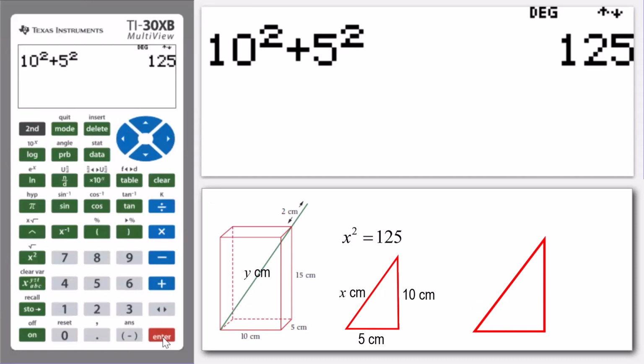So let's now find the value of y. And what's really nice here is that we can incorporate the calculation that we just performed. We now can form the equation y squared is equal to x squared plus 15 squared.